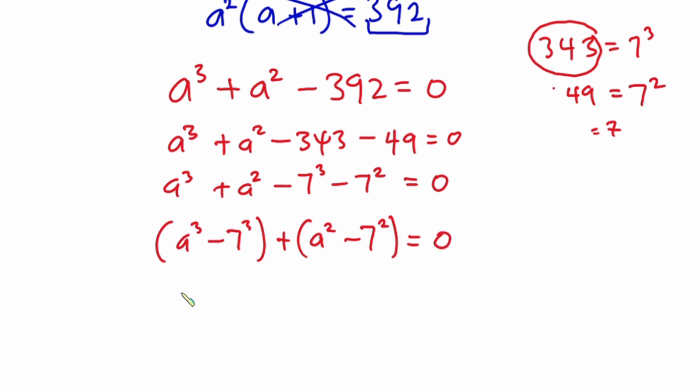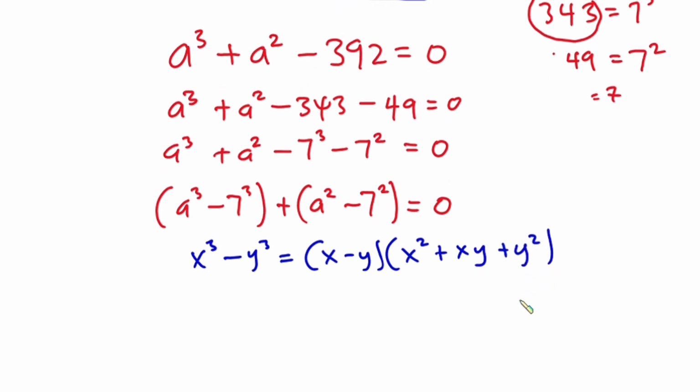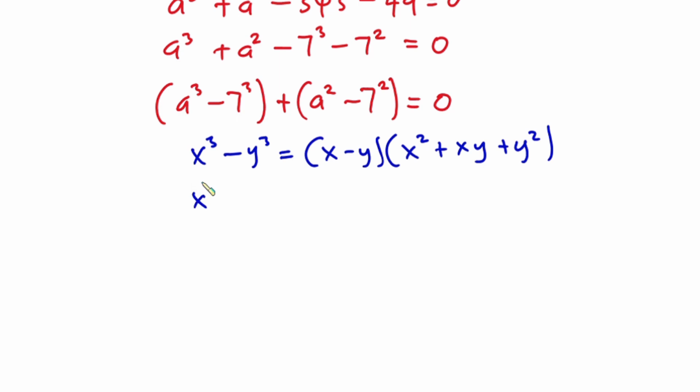Now let's apply some identities here. x to the third power minus y to the third power is equal to x minus y times x to the second power plus xy plus y to the second power, right? Then x squared minus y squared, difference of two squares, so we can write this as x plus y times x minus y.